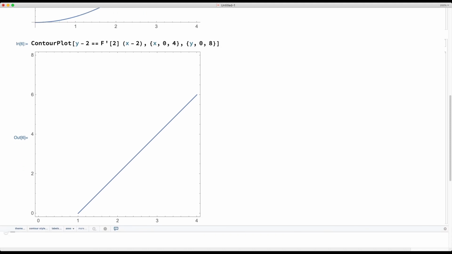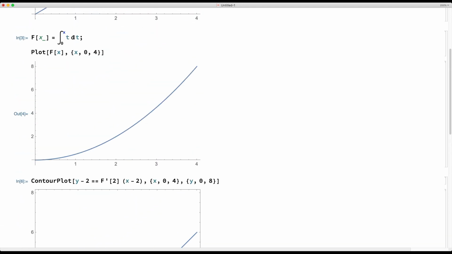Okay, well, great. That looks like a line to me. All right, now for my next trick, this is a line that's supposed to be tangent to this curve, correct? So let me put them on the same graph real quick, using my wizardly mathematical powers.